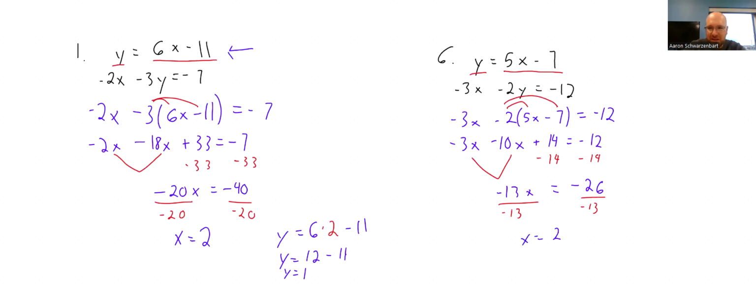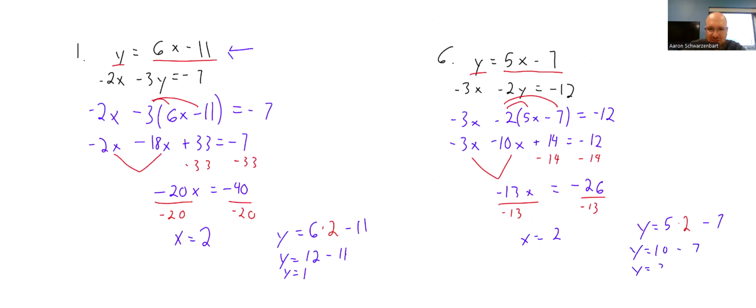I'll take, again, my top equation. I will plug in my 2 for x. 5 times 2 is 10. 10 minus 7 is 3.